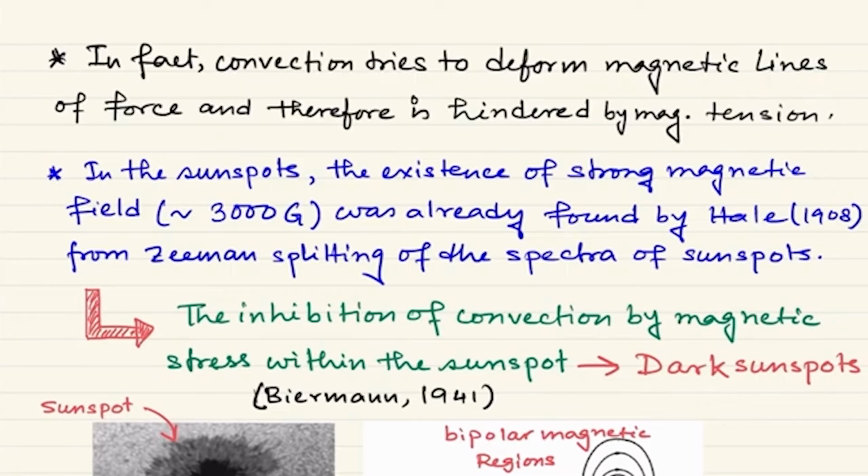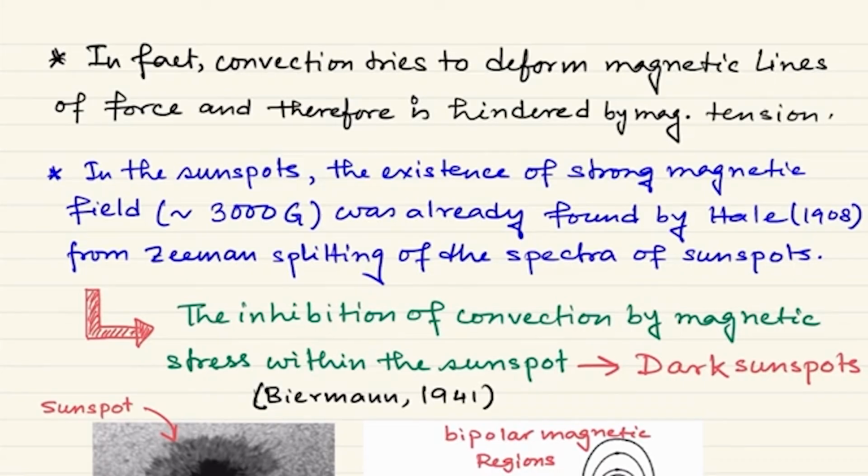Of course, if your temperature gradient is so important that this magnetic tension effect is dominated or overcome by the temperature gradient force, then simply you can have convection there.